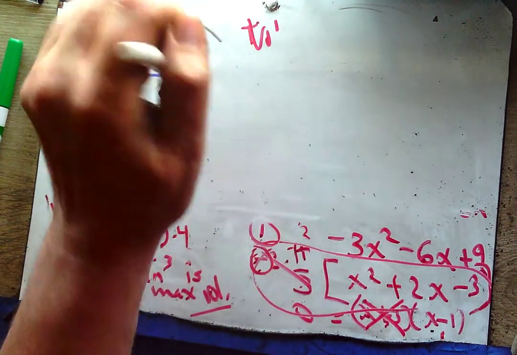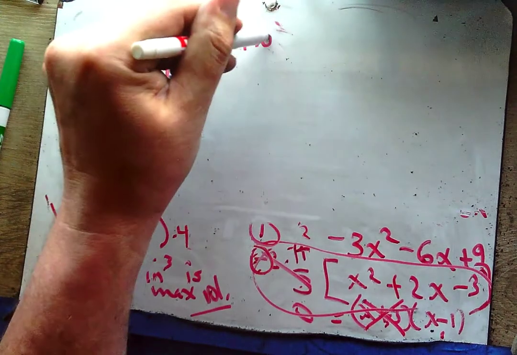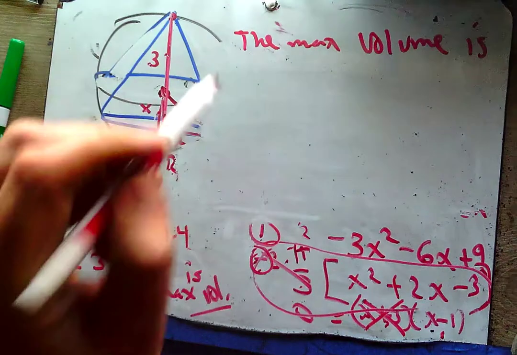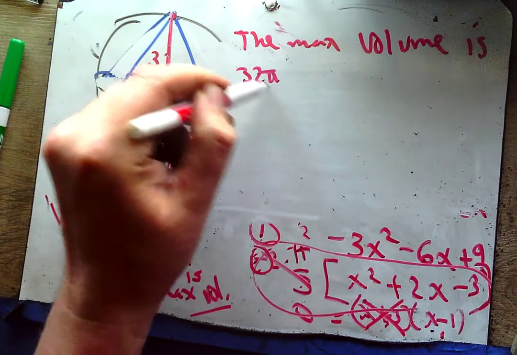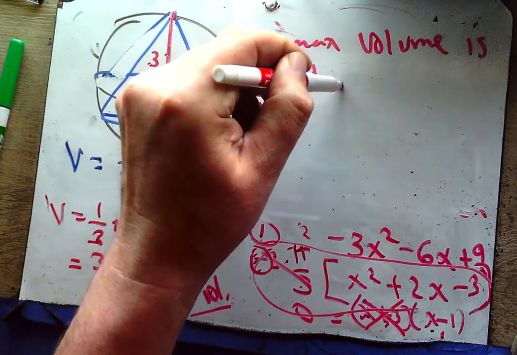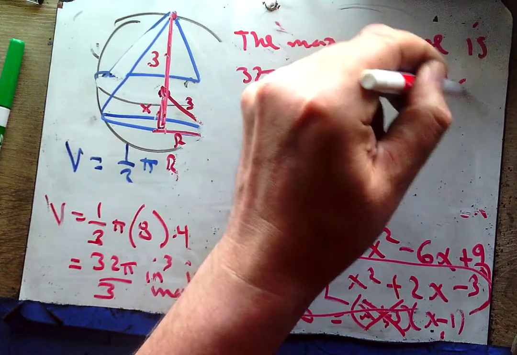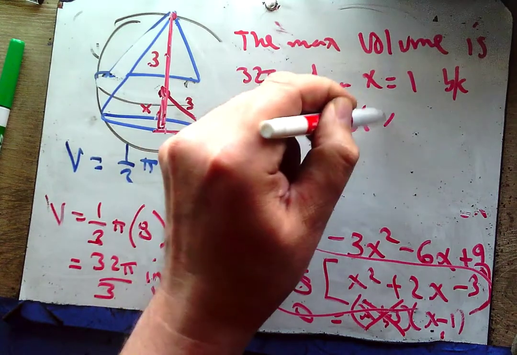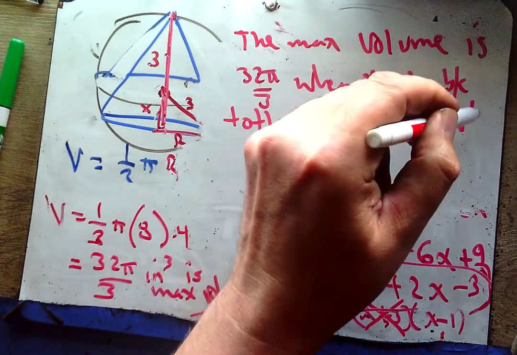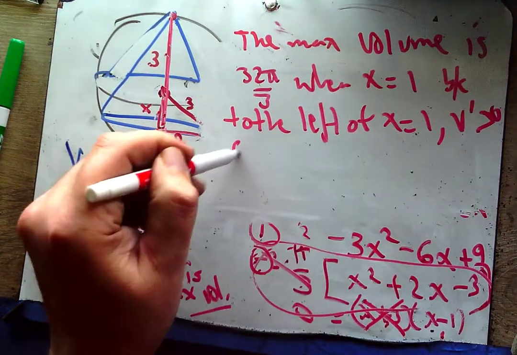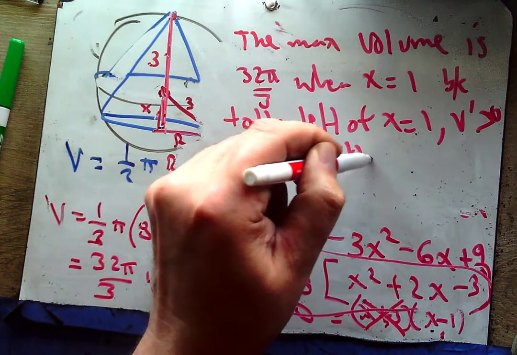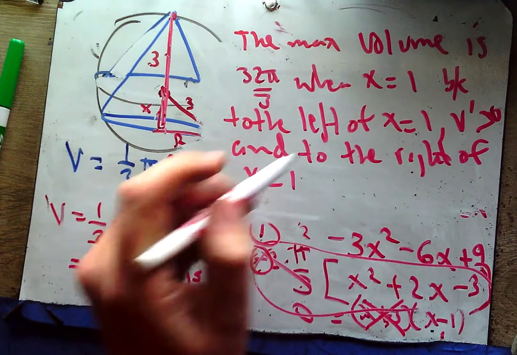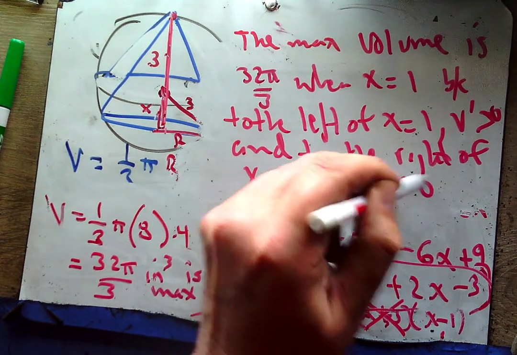The maximum volume is 32 pi over 3 when x equals 1, because to the left of x equals 1, V prime is greater than 0, and to the right of x equals 1, V prime is less than 0.